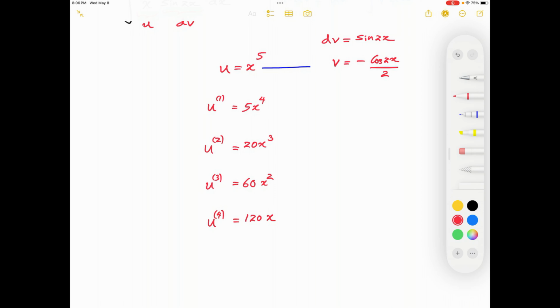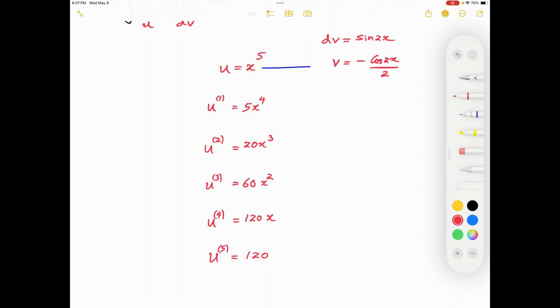Therefore, I need to differentiate it again, which will be written as u superscript 5, the fifth derivative of u, and it will be equal to 120. Alright, after 5 successive differentiations, we have reached a constant. Therefore, we stop at this point.